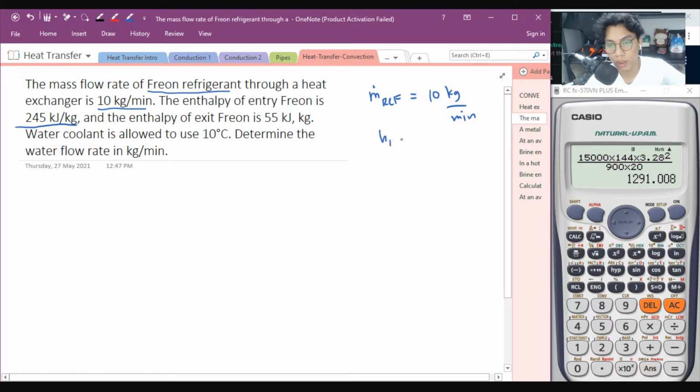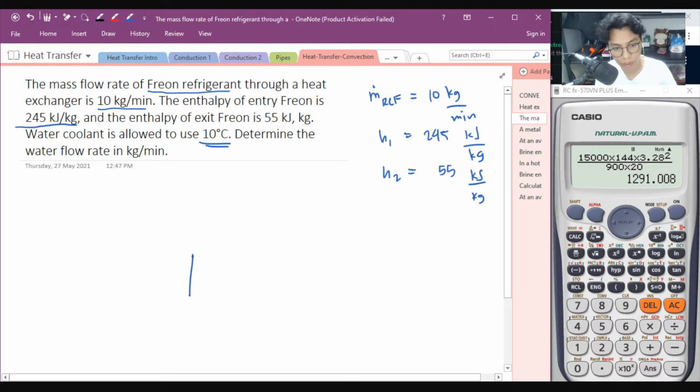So, H1 ng entry, 245 kilojoules per kilogram. The exit now is H2, 55 kilojoules in every kilogram. Water coolant is allowed to use 10 degrees Celsius. Determine the water flow rate.